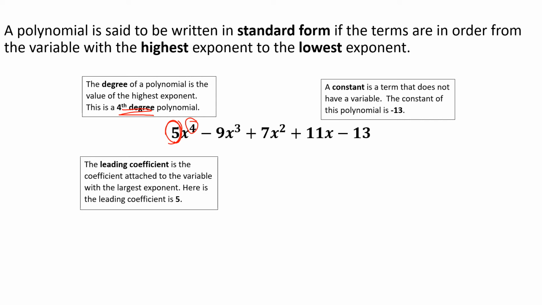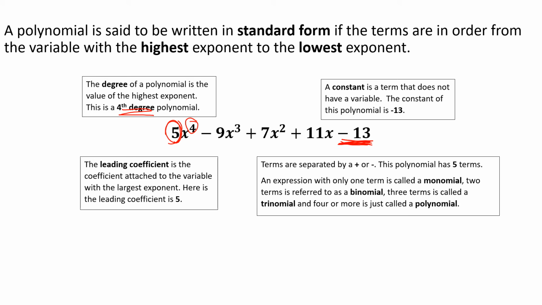Another important number in this sequence is the constant term. The constant term is the term that doesn't have a variable at all. So even though all the other ones have x to the 4th or x to the 3rd or x squared or x, the negative 13 doesn't have anything. That is called a constant. Finally, a word that I've used in these other definitions, the word term. A term is an expression that's separated by a plus or a minus.